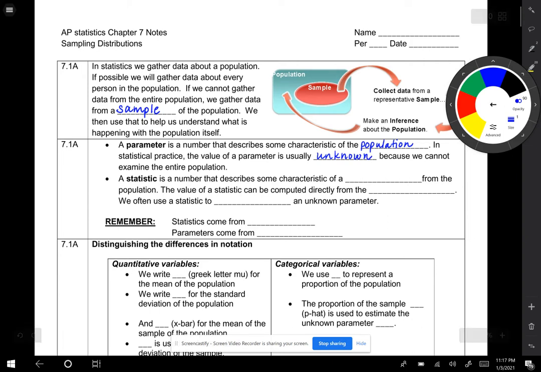A statistic is a number that describes some characteristic of a sample, specifically a random sample from the population. The value of a statistic can be computed directly from the sample data. We often use the statistic to estimate an unknown parameter.